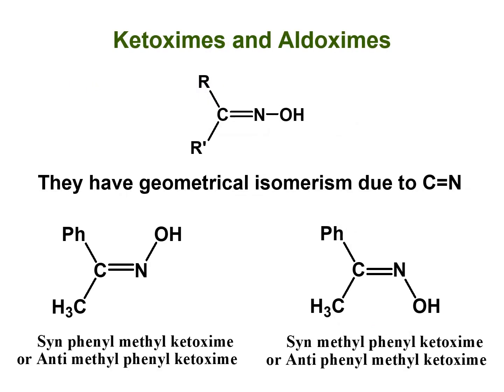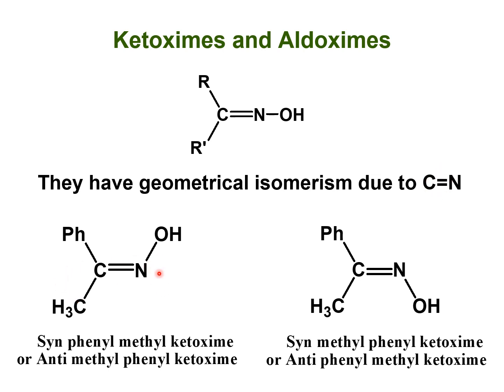Then we discussed the oximes, whether ketoximes or aldoximes, depending on your starting material. If you start with an aldehyde, then these are the aldoximes, where you have one of the groups attached to the carbon as a hydrogen. And if you start with a ketonic compound, you will end up with a ketoxime, where both R's are carbon atoms. As we've said, these are geometrically isomeric compounds. They have geometrical isomerism due to the arrangement of the groups around the double bond.